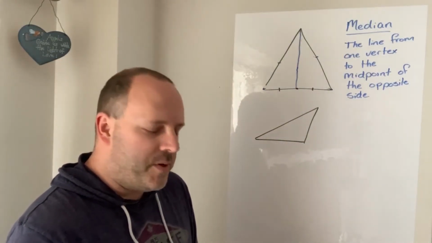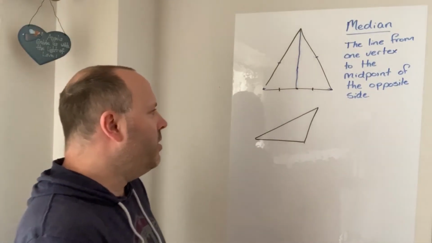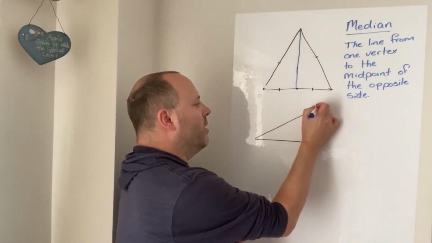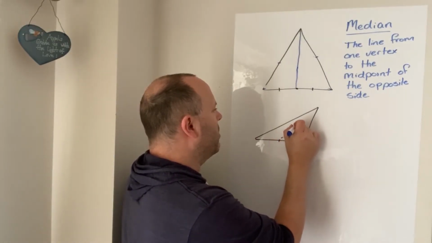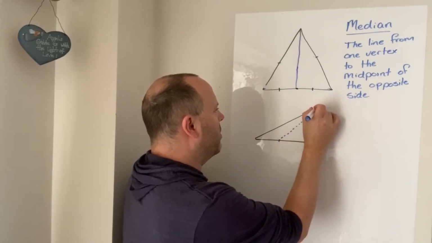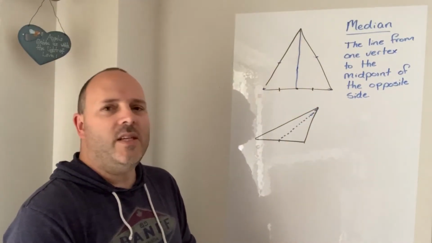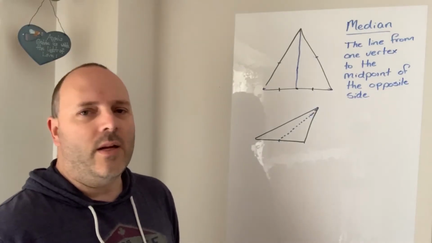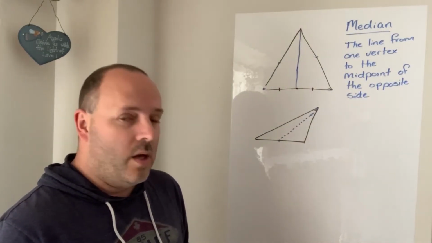There's a different shaped triangle. Now, if I draw the median of this triangle from this spot, it'll go to halfway here. But it's really easy to see that those two triangles are not congruent to each other at all. They're not the same shape.